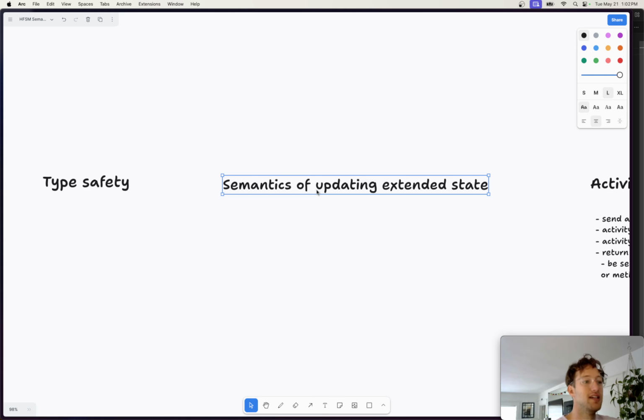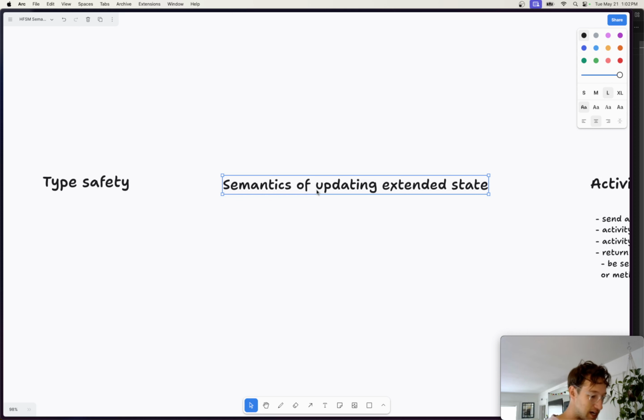By default, in most programming languages, the extended state is going to be just mutable, and actions are just methods or closures that mutably update some extended state.